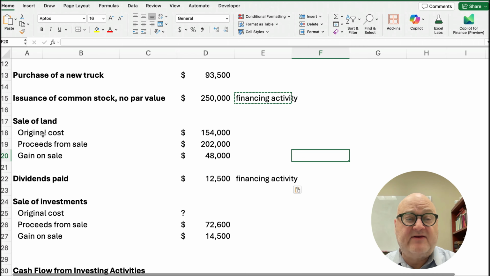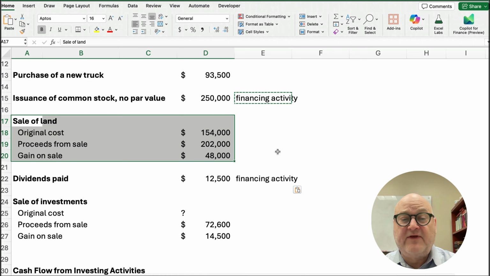Next one down is the sale of land. And we have several things. One of the things that you have to learn is what information is relevant and what information is irrelevant. It says, hey, we sold land, the original cost, and they'll get into a story. Well, originally I bought this for $154,000. I remember the day that we did it, and that doesn't really matter. The proceeds from the sale is $202,000, and then you have a gain. So yeah, I made $48,000, and that doesn't matter.